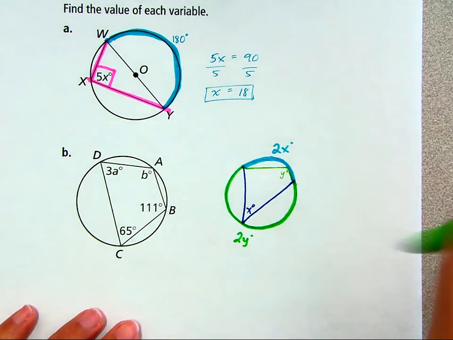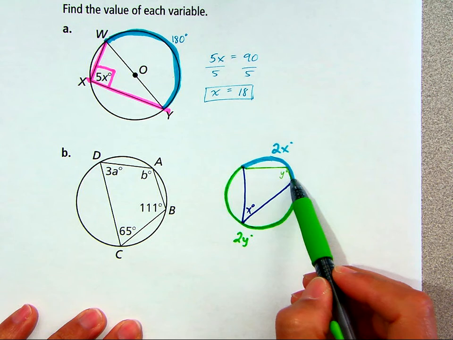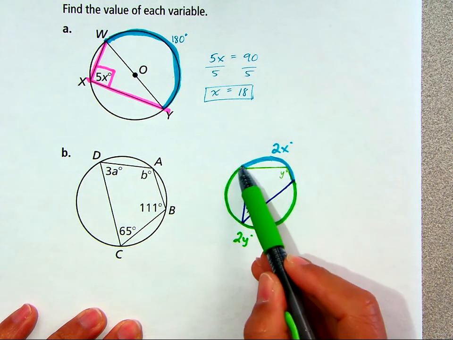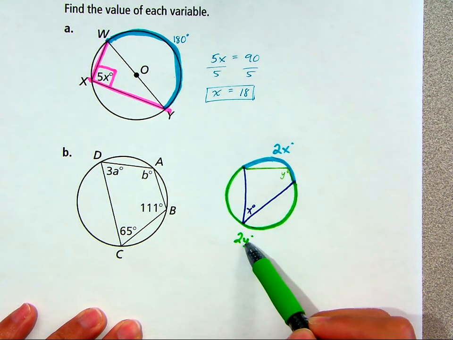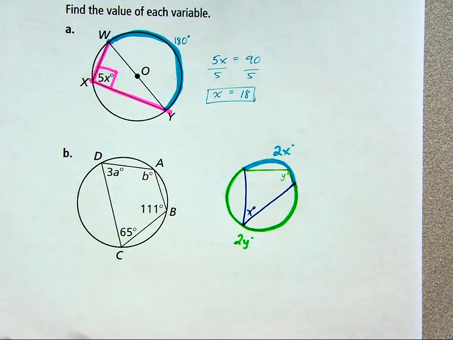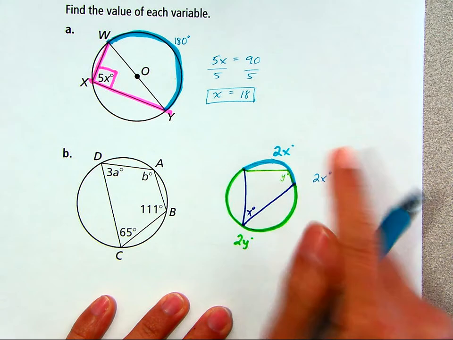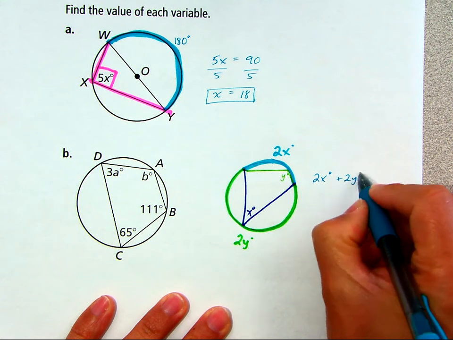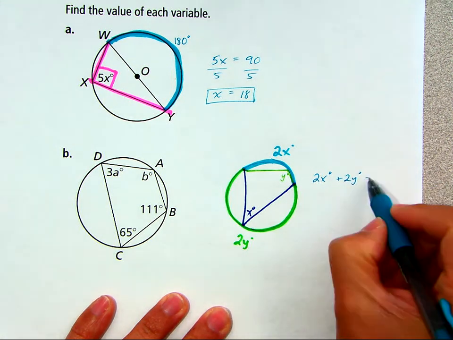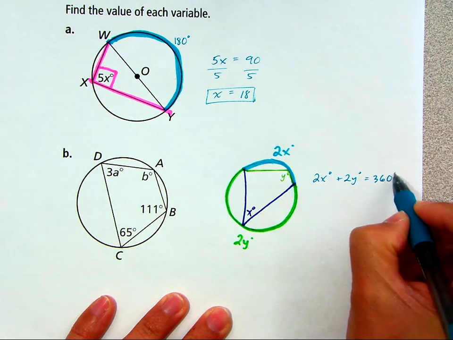If I look at my blue highlighted arc, which is 2x, and my green highlighted arc, which is 2y, those arcs combined form the whole circle, and the whole circle is 360 degrees. So we can write 2x, the blue arc, plus 2y, the green arc, equals 360 degrees.